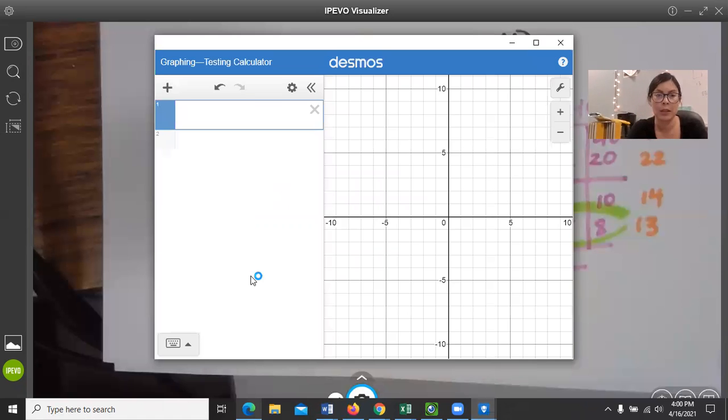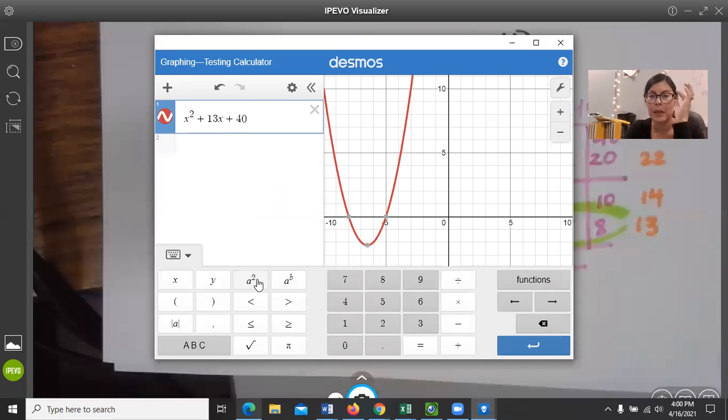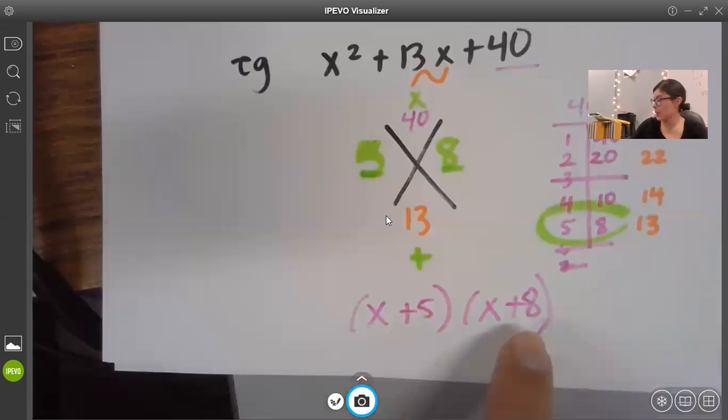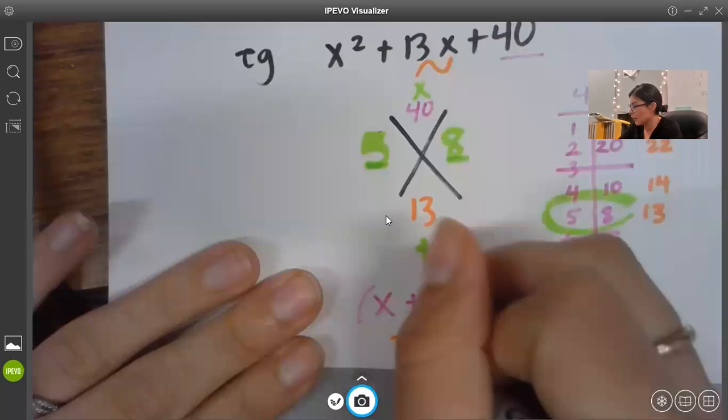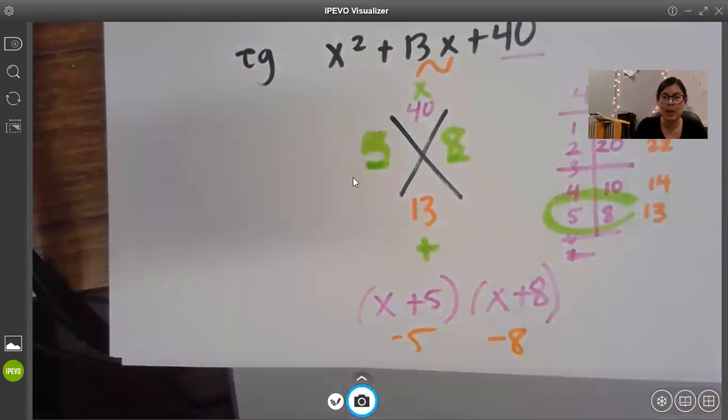So it was x, click on the little keyboard, squared plus 13x plus 40. Look, I have a 0 at -5, which is the opposite of this one. The other 0 is at -8, because to solve for them, you do the opposite.